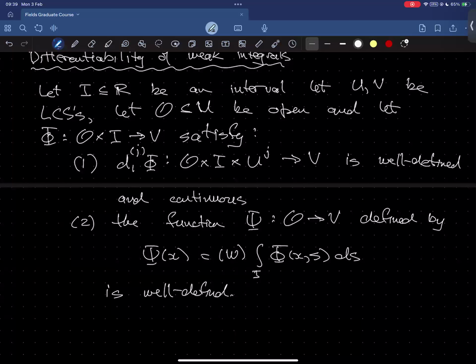That means for each x, the expression on the right-hand side exists, and I'm making no assertions about any properties of psi at this point, just that it's defined.